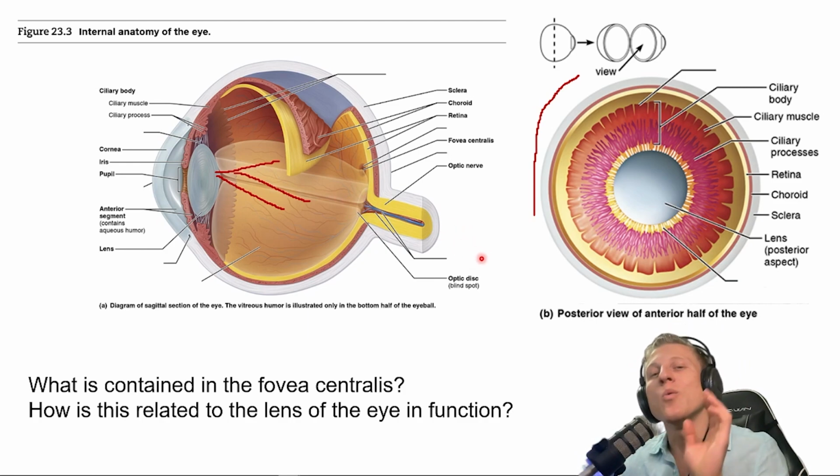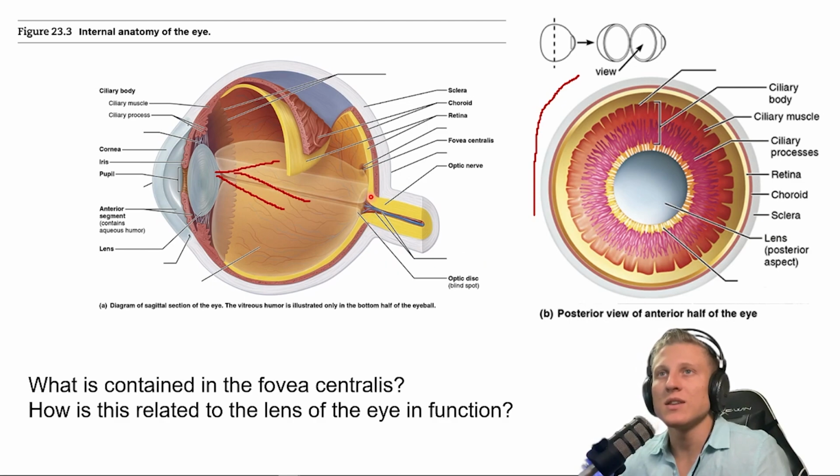What that means in practical terms is that, due to that structure, there is no room for photoreceptive cells in this area, because it's all just the axons of the neural cells running backwards to form the optic nerve. The net result is that, since there are no photoreceptive cells, this is actually a blind spot in your vision.